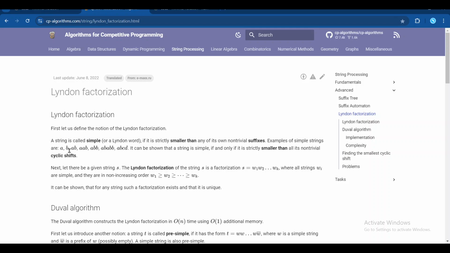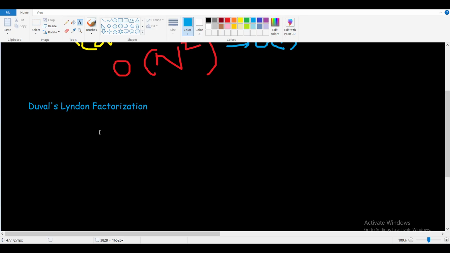A string is called simple if it is strictly smaller than all of its non-trivial suffixes. So a string will be called simple if it is lesser than all of its suffixes. AAB is simple because if we take all the suffixes B, AB and AAB, the whole string seems to be the smallest.